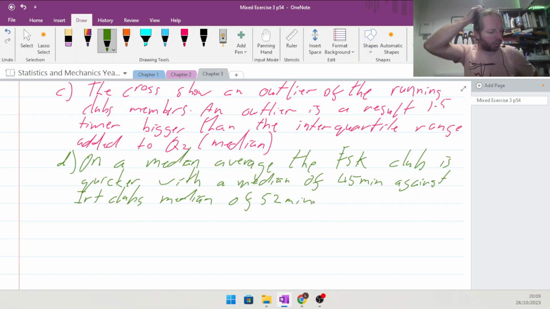So we can always compare the median with the box plots. The next thing you can compare is the interquartile range of both clubs.